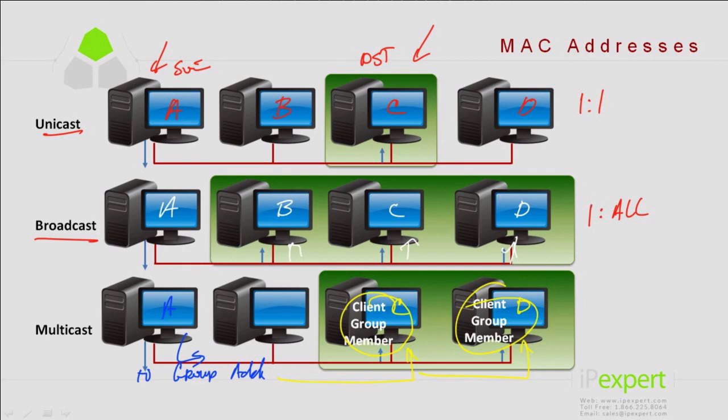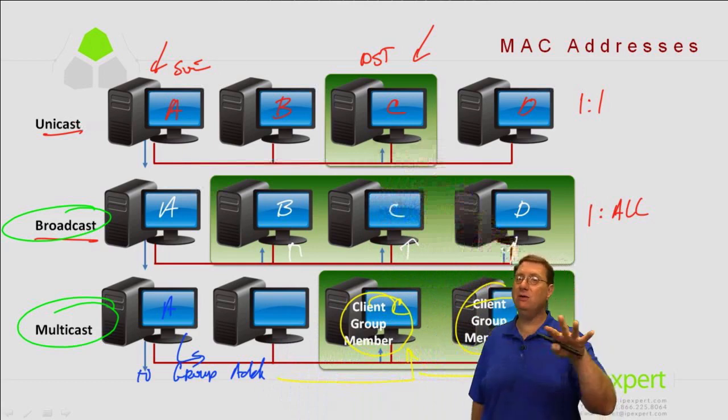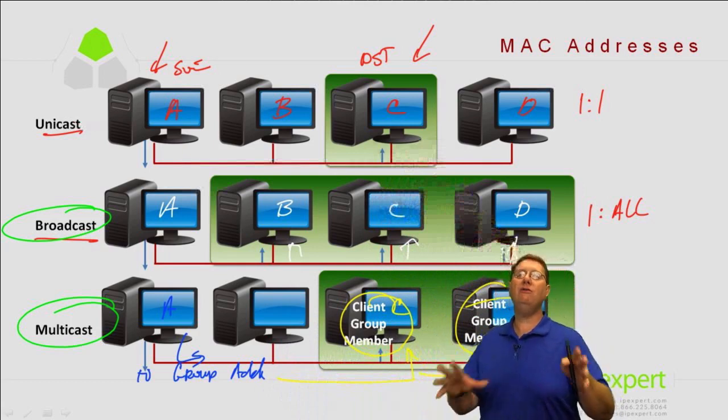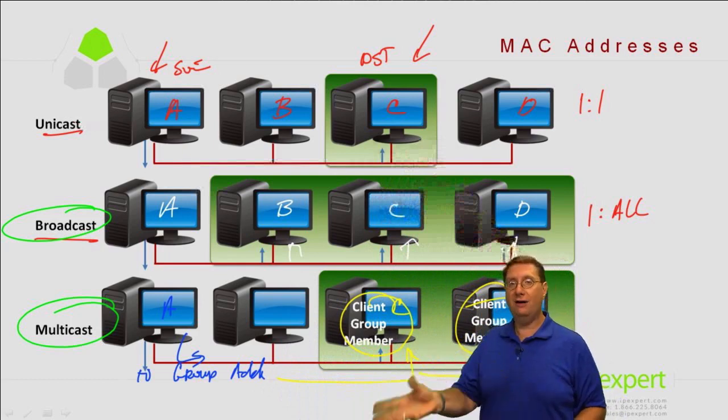The main difference between broadcast and multicast is this: in a broadcast environment, everyone's going to receive the message. Whether they want to get it or not, they're still going to receive the frame, and they're going to have to drop it.